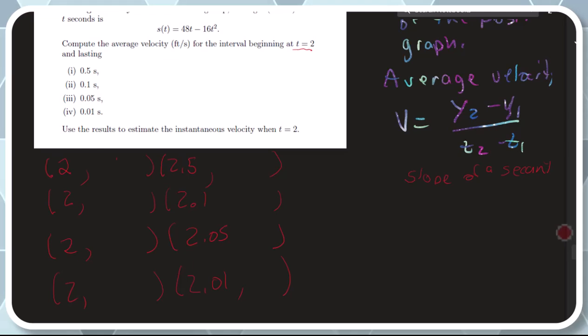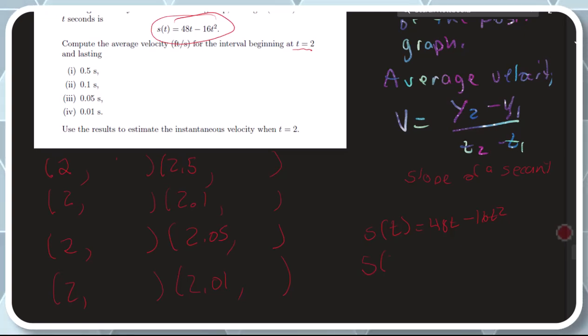Now we have to figure out what the y value is for each of these, where y is the position. Well, they gave us the equation for the position. It's s of t equals 48t minus 16t squared. If you want to find the position at any time t, you just plug that time into this.